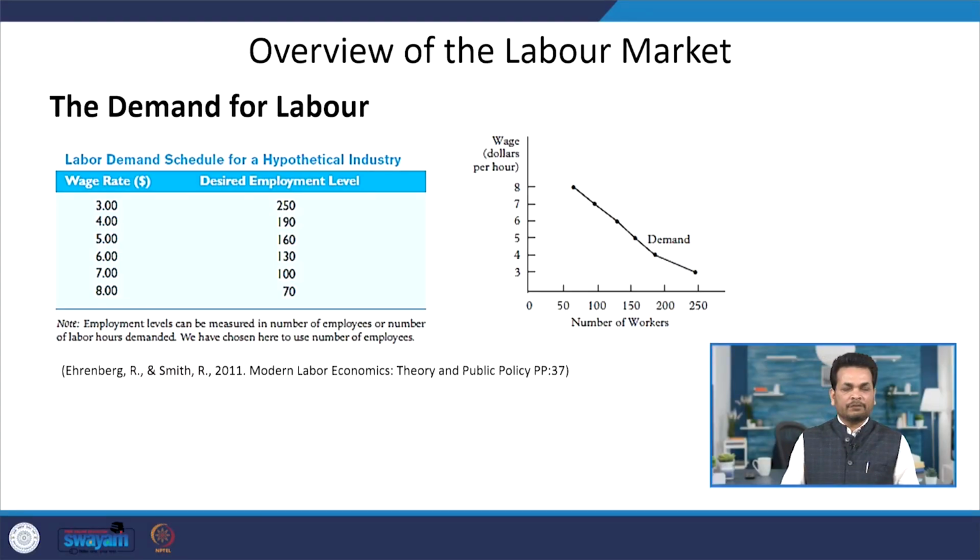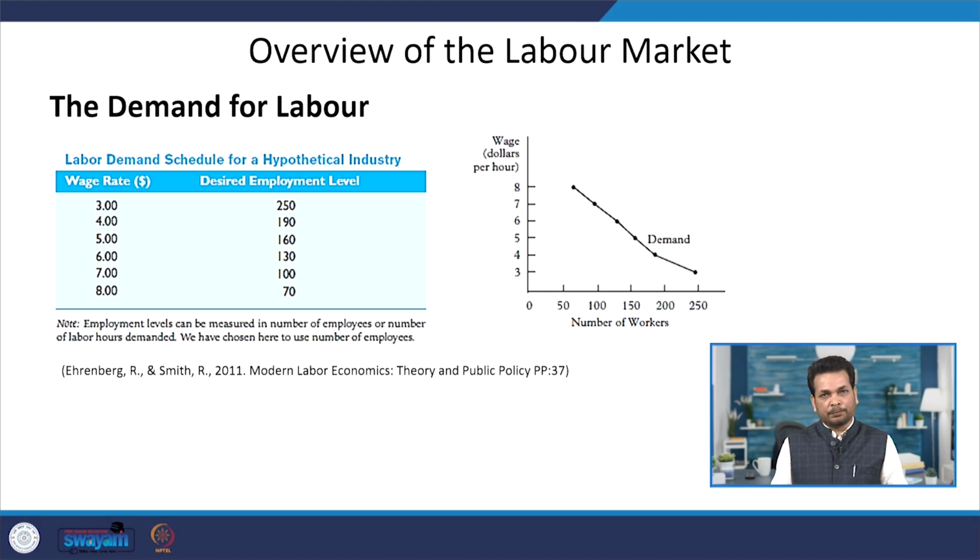Here, we have taken hypothetical industry data on wage rate and desired employment level. As you can see, as the wage rate increases, the desired employment level declines.